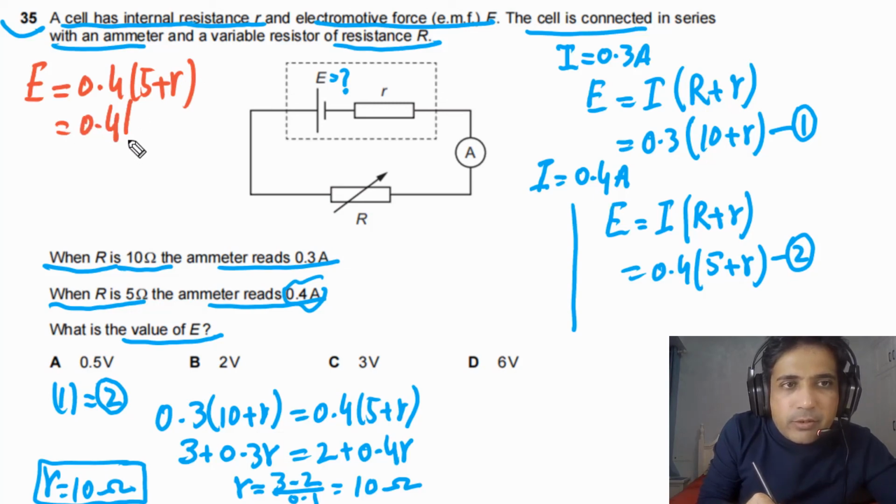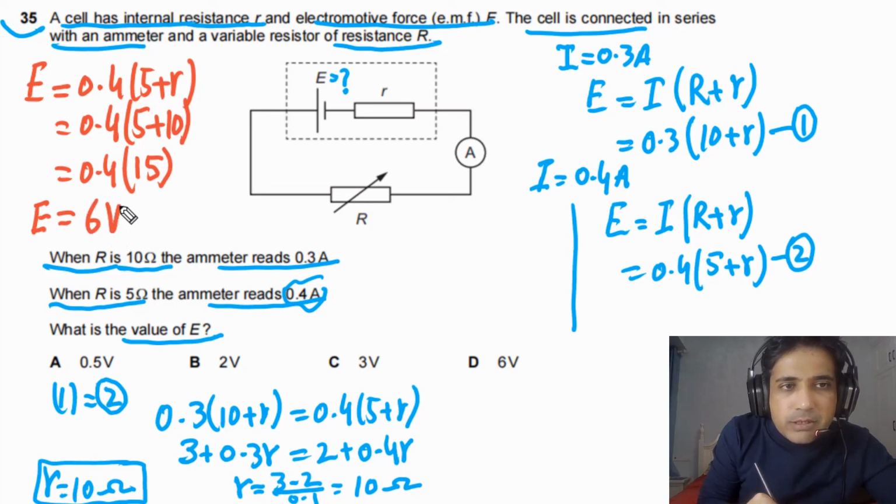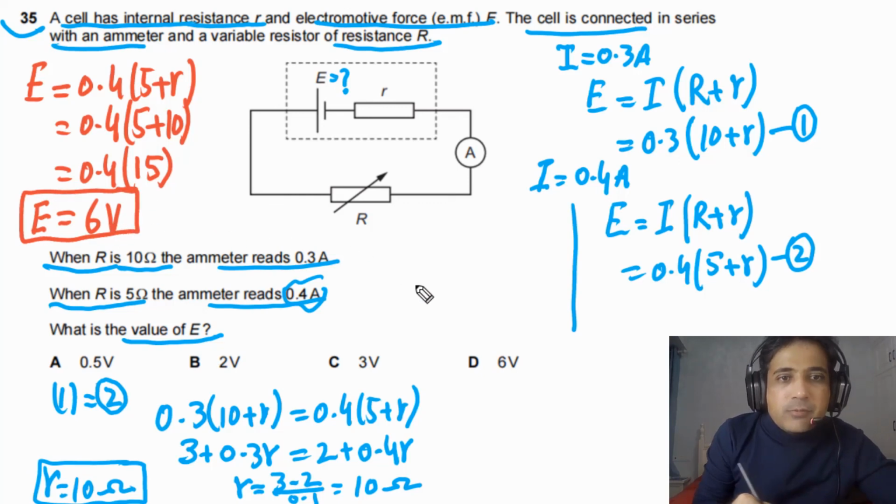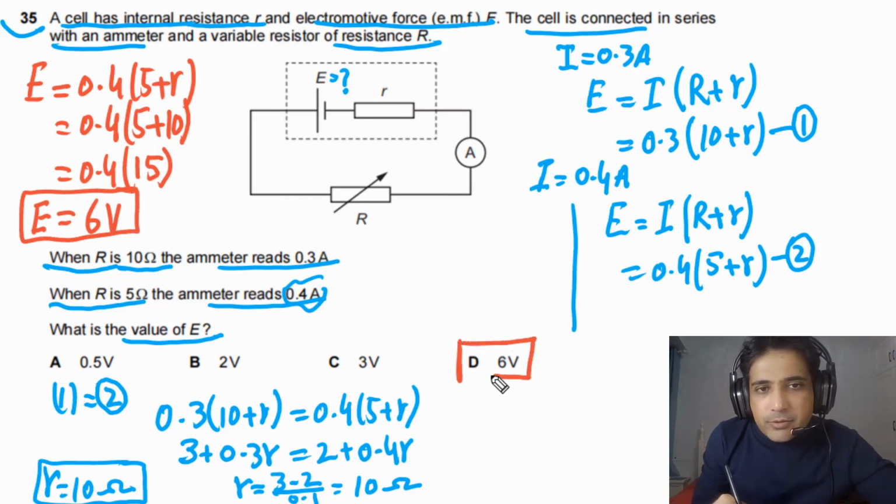So we can write down 0.4 times (5 plus 10). Now we can simplify. This is 0.4 times 15. If we multiply this, we get the value of E, which is equal to 6 volts. So the value of E is equal to 6 volts, and our answer for this question is D.